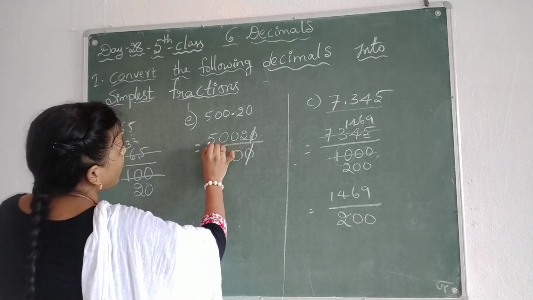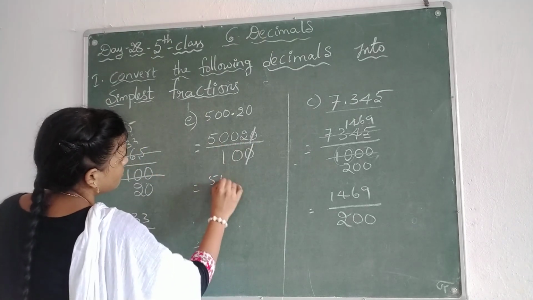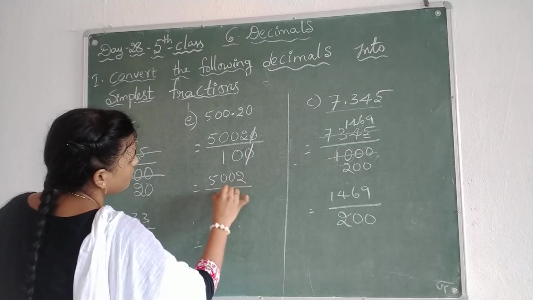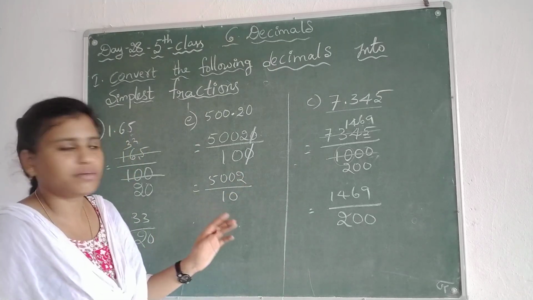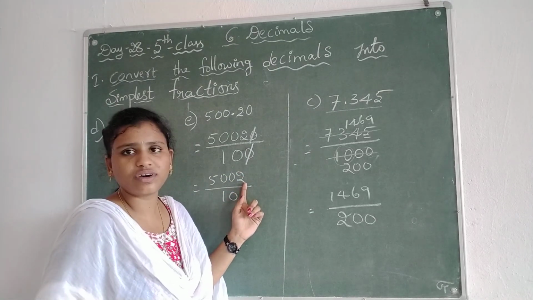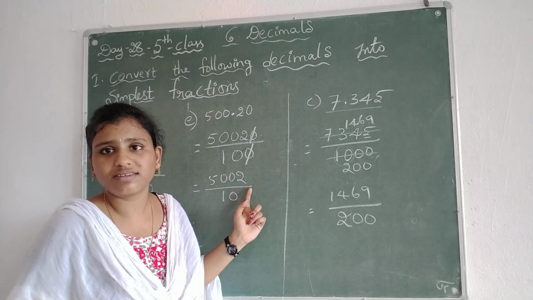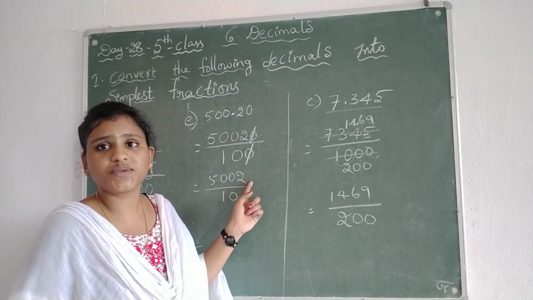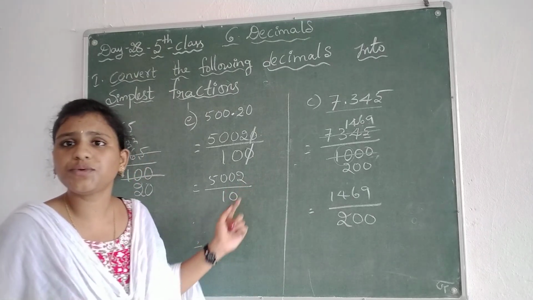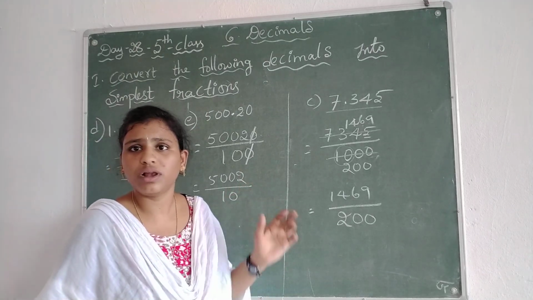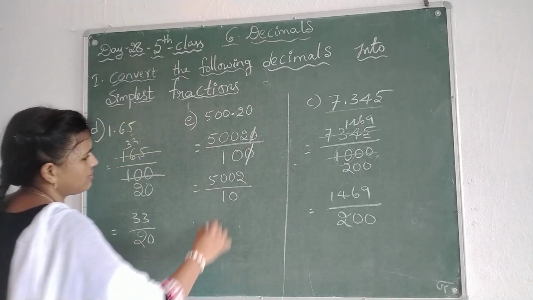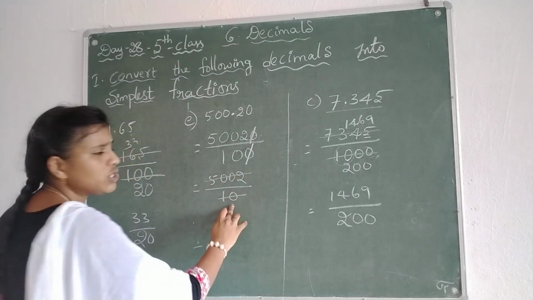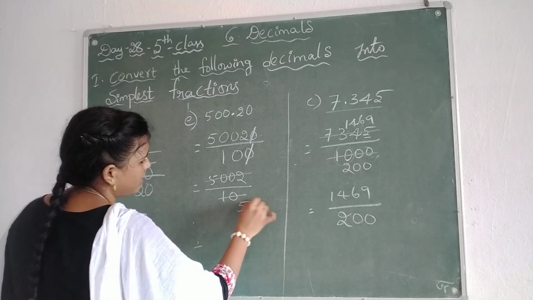So we have 5002 by 10. Must remember, all of you, see the first digit. Here we are having 2 and here 0. These 2 and 10 are cancelled in the 2 table. Let's cancel the 2 numbers. 2 is cancelled in this 10, 5 times.